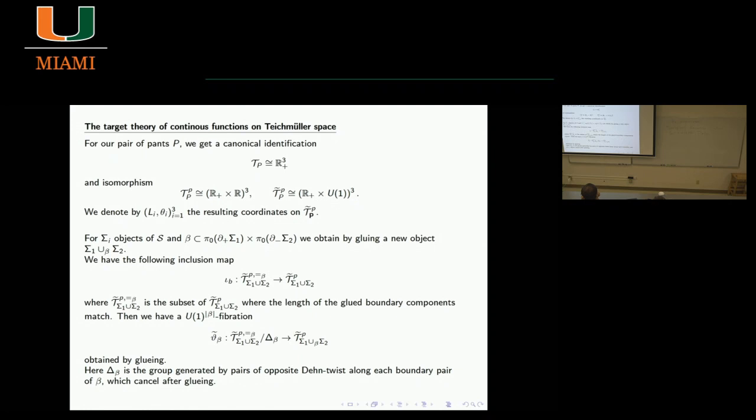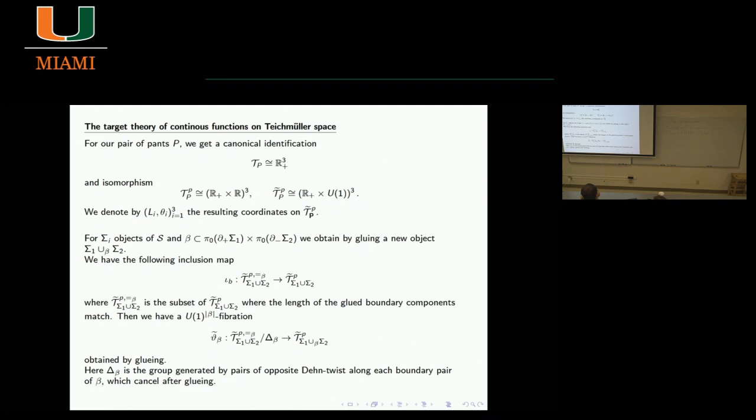So I have to do disjoint morphisms and I have to do the gluing morphisms. And I need to discuss a little bit of topology before I do that. So if I take two objects, sigma 1 and sigma 2, and I want to glue them along some matching pairs of boundaries, then of course, if I take an arbitrary point in Teichmüller space of the disjoint union, it won't work, because if the lengths of the geodesics that I want to glue on don't match, I can't glue and get a hyperbolic surface.